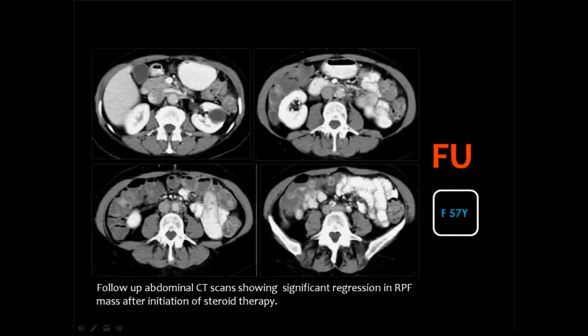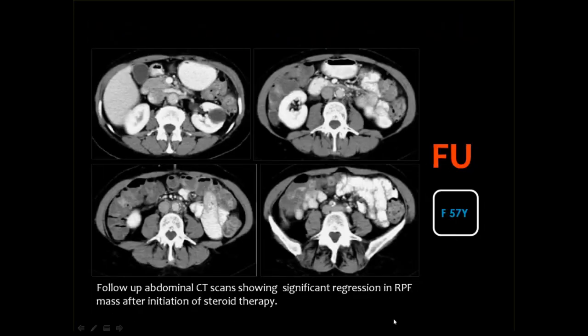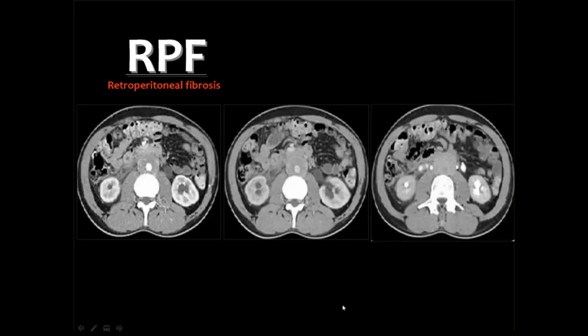Then this is the follow-up of the previous case. Here is the follow-up after steroid therapy, and you get significant, if not total, regression of the disease.